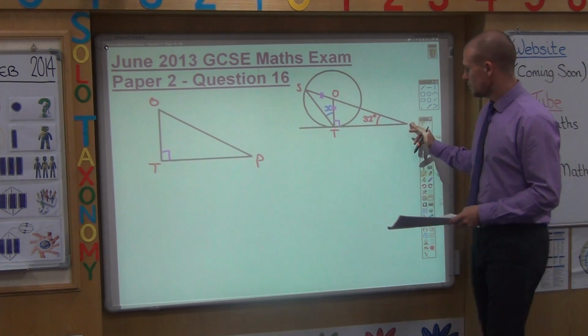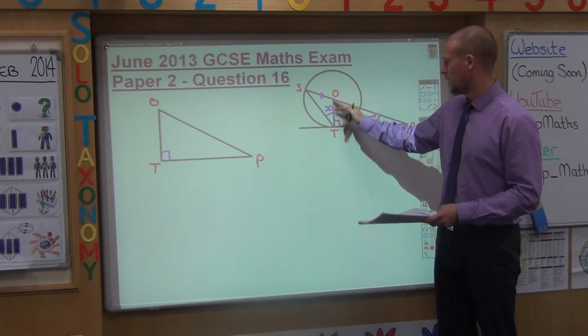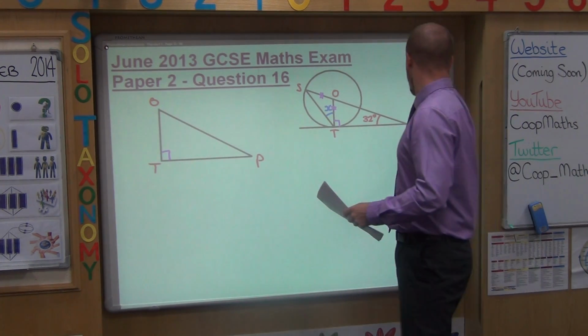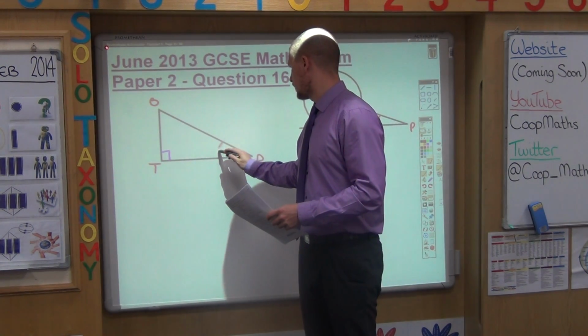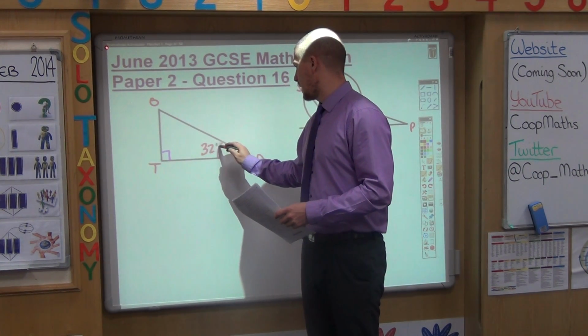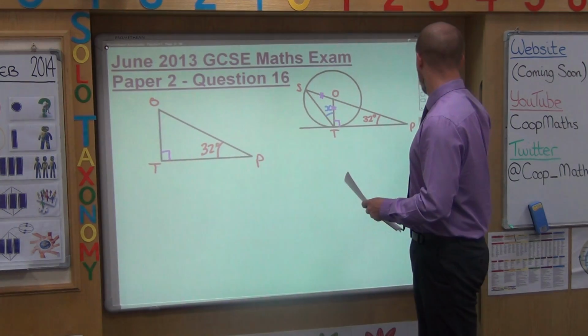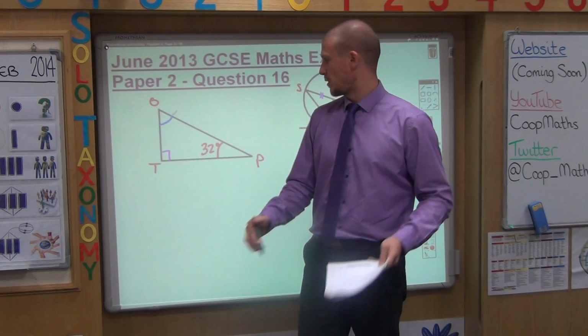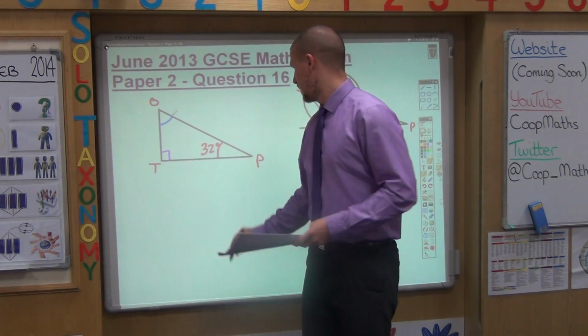Before that though, this triangle TOP, or POT or OTP, whatever you want to call it, we have 32 here, and the fact that it's a tangent allows us to figure out what this angle is, which we do by subtracting 90 and 32 from 180.